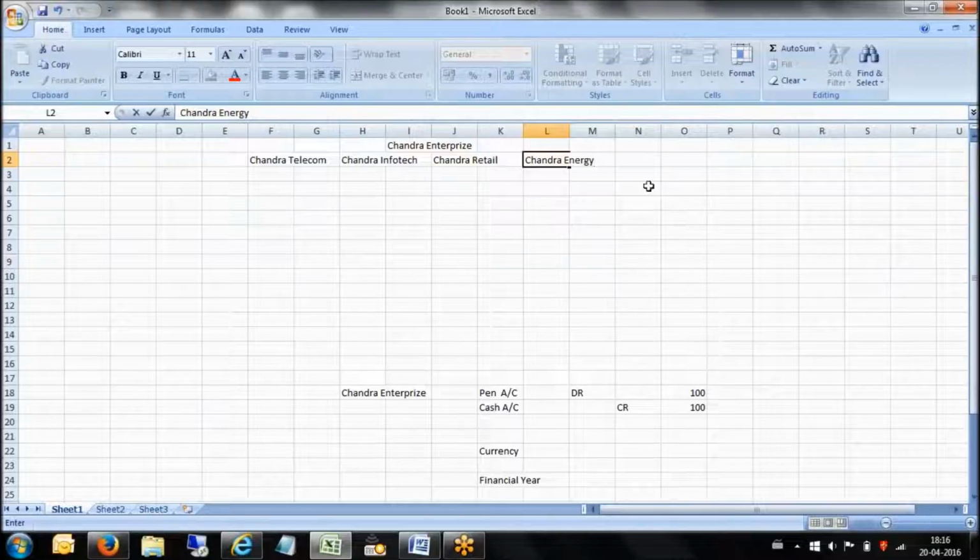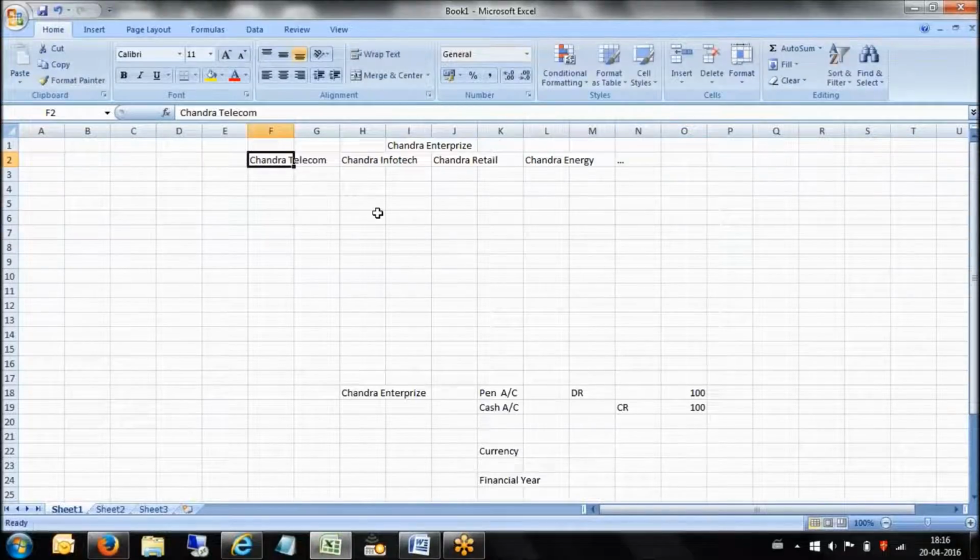I'm just taking the example of 4 companies under it to understand. Now think of this individual company, this one and this one.